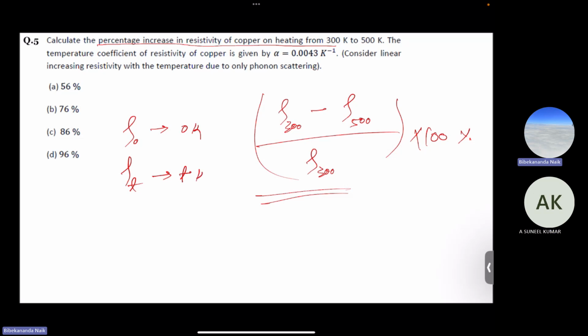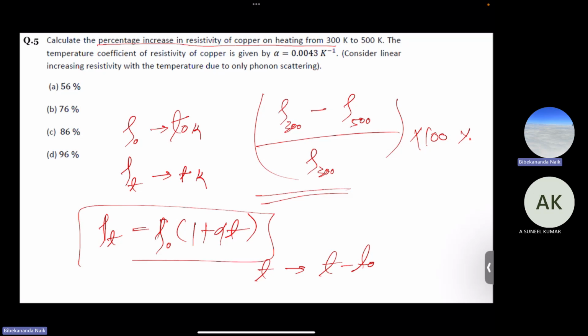According to the concept of temperature coefficient of resistivity, rho T can be given as rho 0 into 1 plus alpha delta T, where delta T is T minus T0, the difference in temperature, and this is alpha. So this is the formula, and you can use it to calculate the value of alpha.